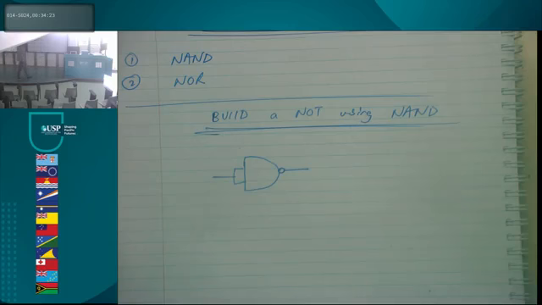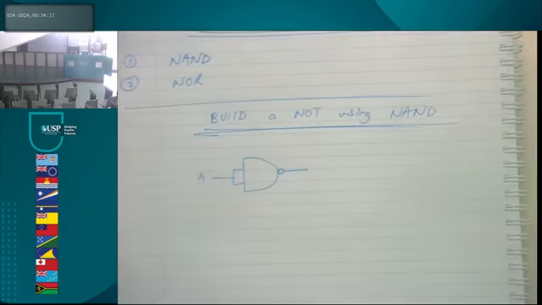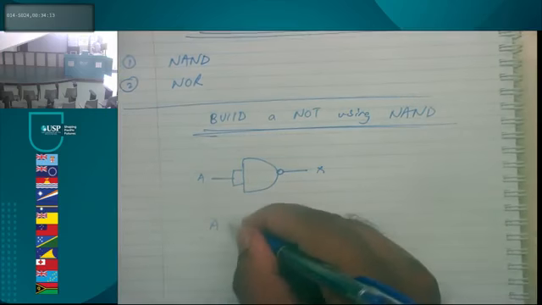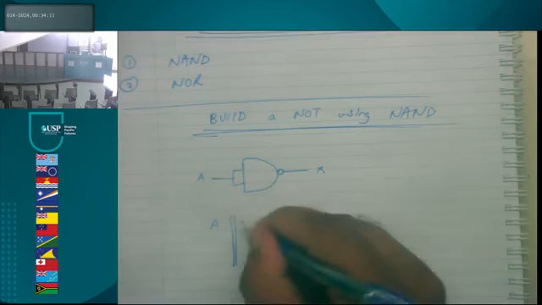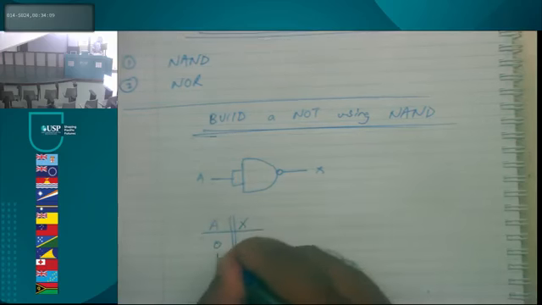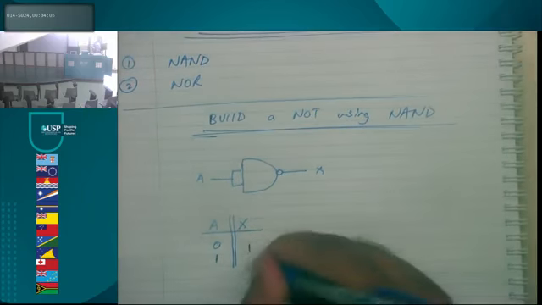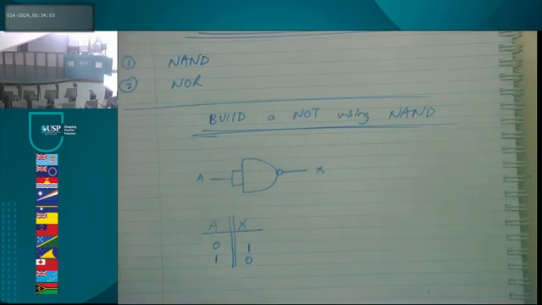Idempotency, right? Yeah, all the theorems must be on your fingertips. If you have A going in and you have X, what can you tell me about the truth table? You have a flip, 1 or 0.